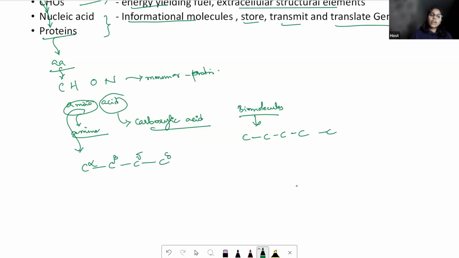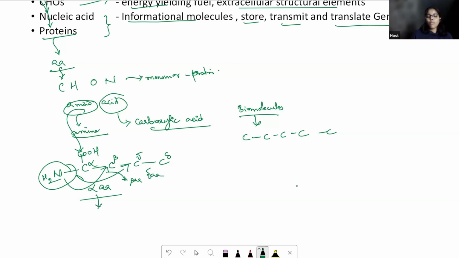If the amine group is attached to the alpha carbon atom and the carboxylic acid is also attached to the alpha carbon atom, we call it an alpha amino acid. If the amine group is attached to the beta carbon atom, we call it a beta amino acid. If it is attached to the gamma, we call it a gamma amino acid. Alpha amino acids are important because these are naturally occurring and the most commonly occurring amino acids.